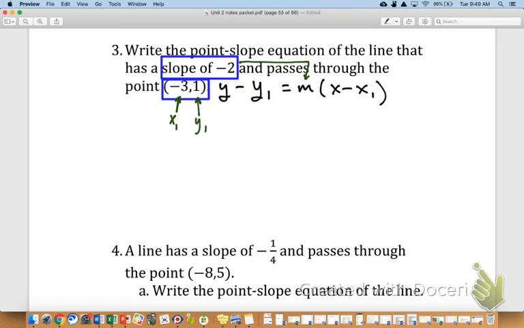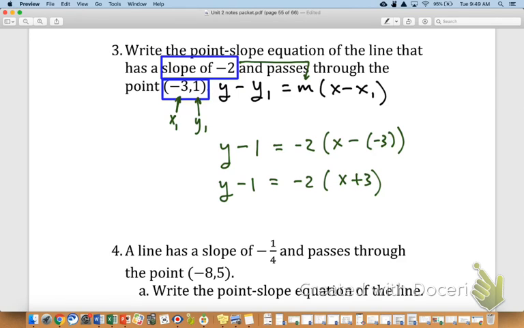So I would write y minus the y coordinate, which was 1, equals the slope, -2, times x minus the x coordinate, so x minus -3. Technically, that's it. If you wanted to, you could write y minus 1 equals -2 parentheses x plus 3. Obviously, that's cleaned up a little bit. That's all we really have to do.